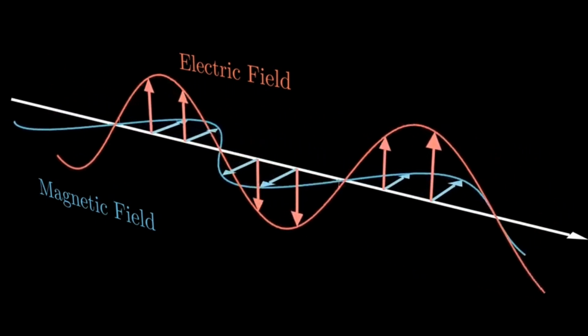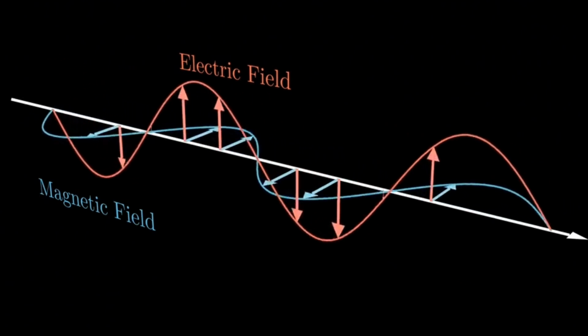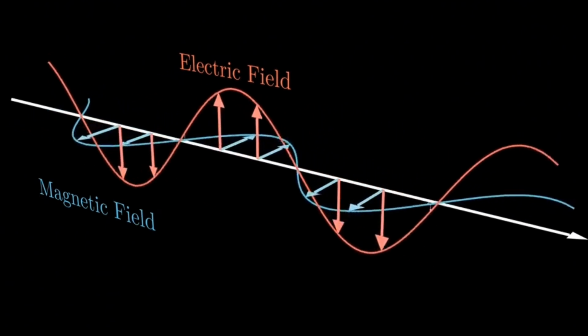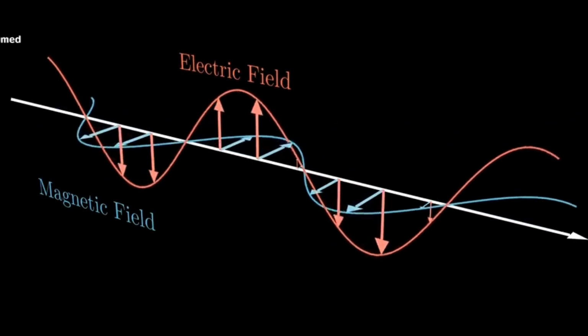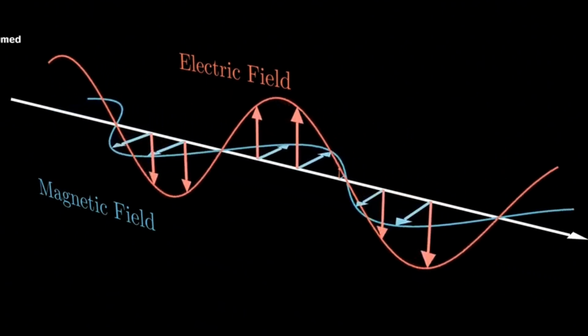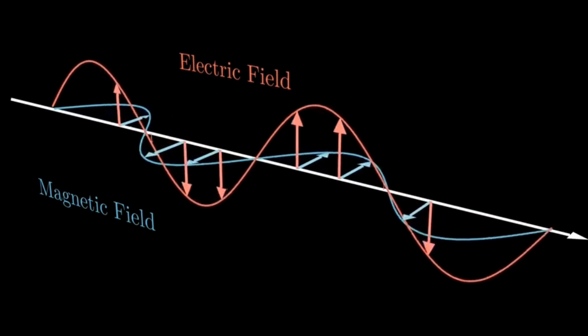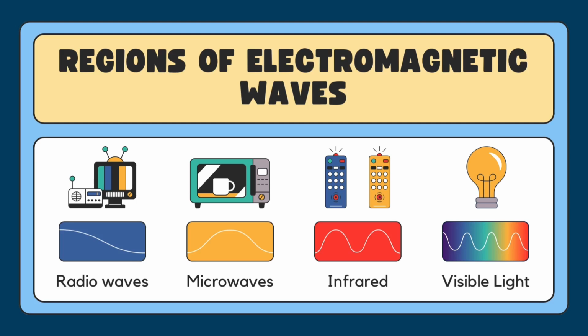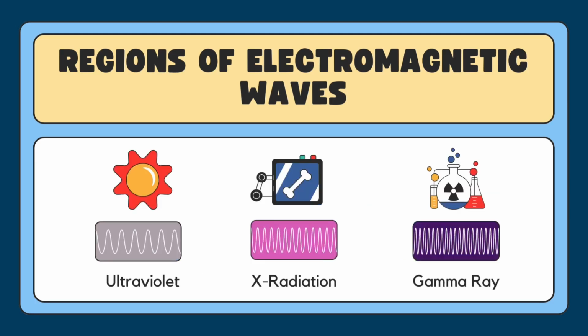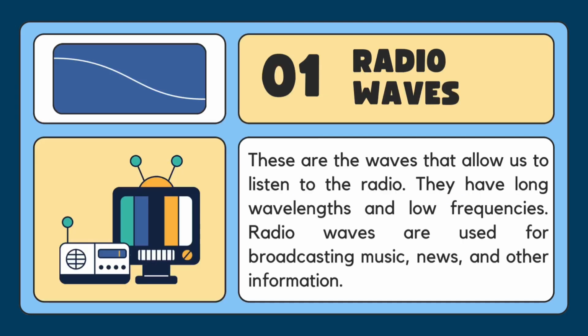They also travel at a constant speed of 3.0 times 10 raised to 8 meters per second, or 300 million meters per second, the same constant speed of light. There are 7 regions of electromagnetic waves, and these are radio waves, microwaves, infrared, visible light, ultraviolet, X-rays, and gamma rays.